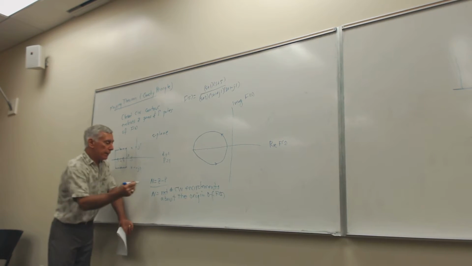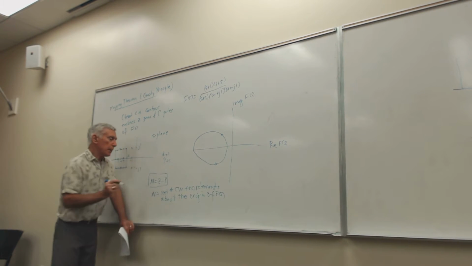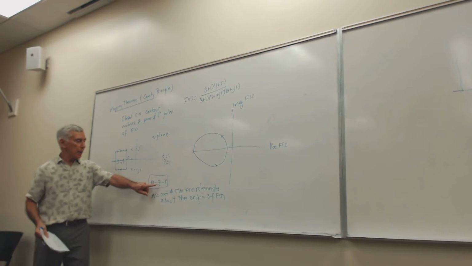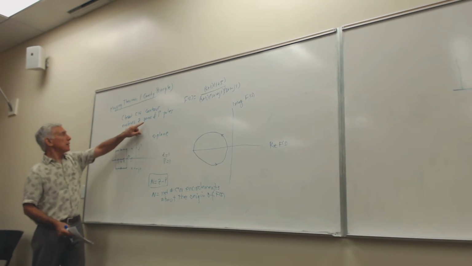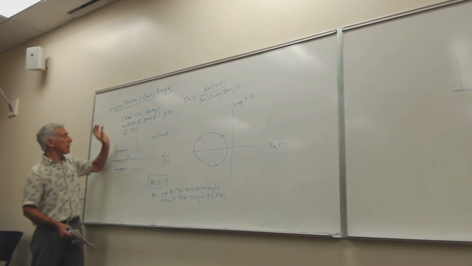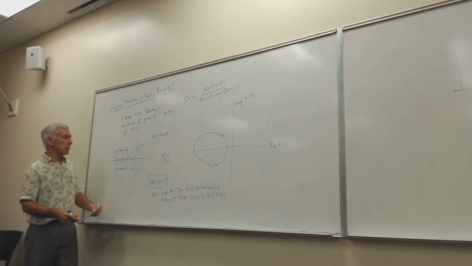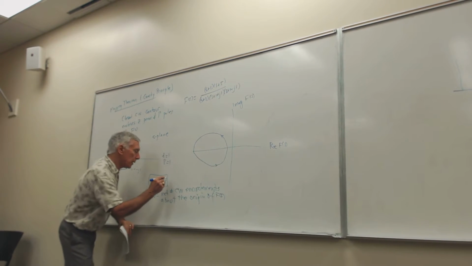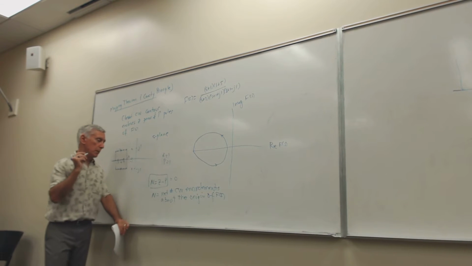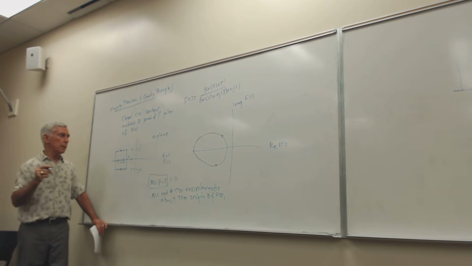And what this does here, it basically predicts what N will be, right? Z zeros and P poles of f of s are enclosed by this contour. So Z is equal to 1, P is equal to 1. Therefore, N will be equal to 1 minus 1, which is 0, right?